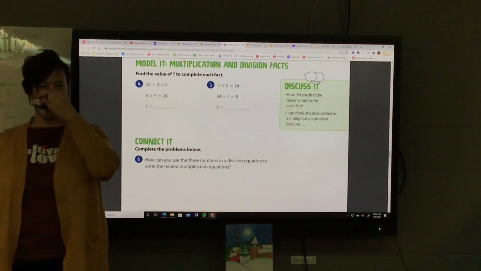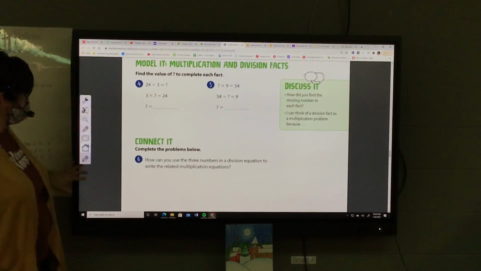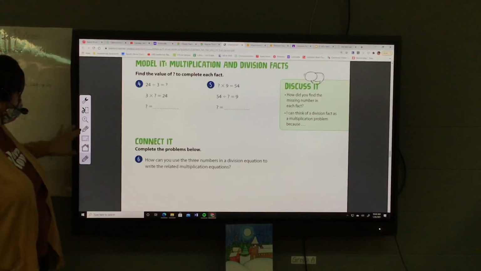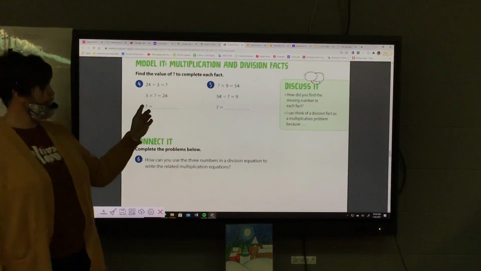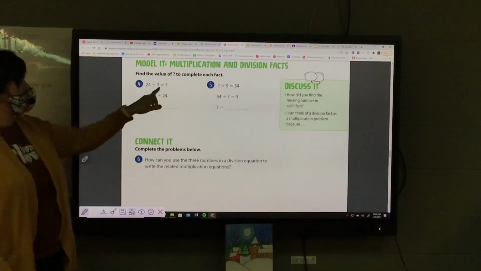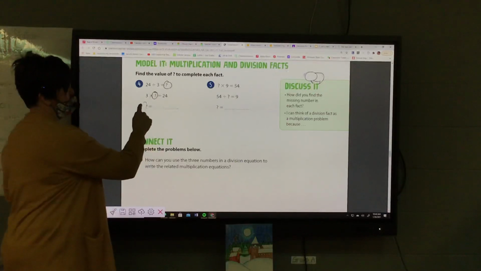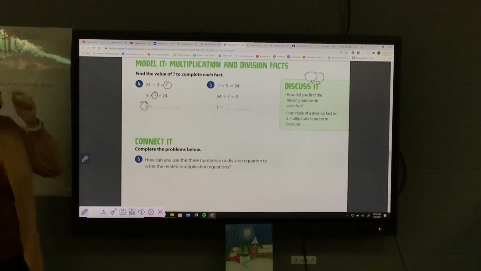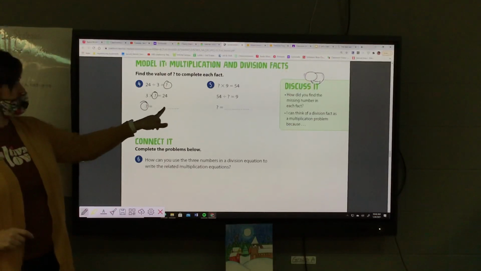Did you figure out their craziness that they've got going on here? So they're saying this is the same number, right? What are we going to put here?